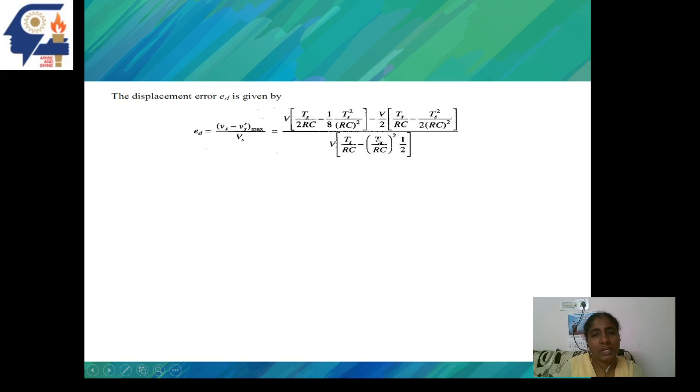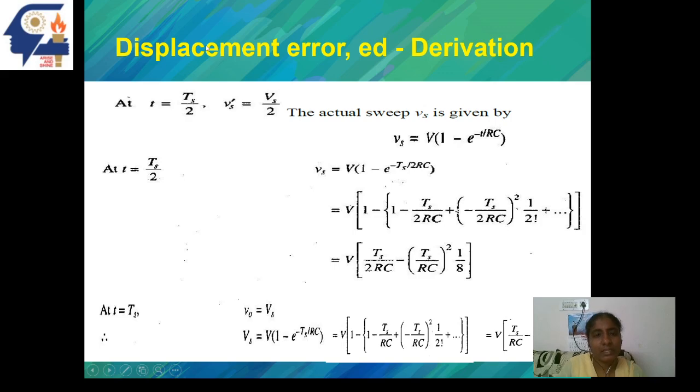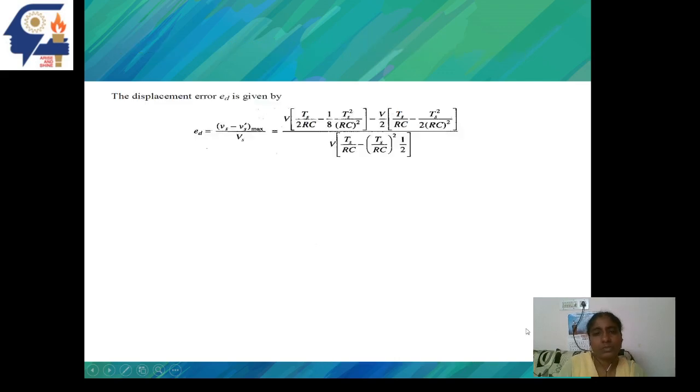So whatever we got in the denominator, divided by 2, is Vs dash. We see the previous slide. So Vs dash is Vs divided by 2. So whatever we got here divided by 2 is nothing but Vs dash. The numerator first term is this, and the numerator second term is the denominator divided by 2.